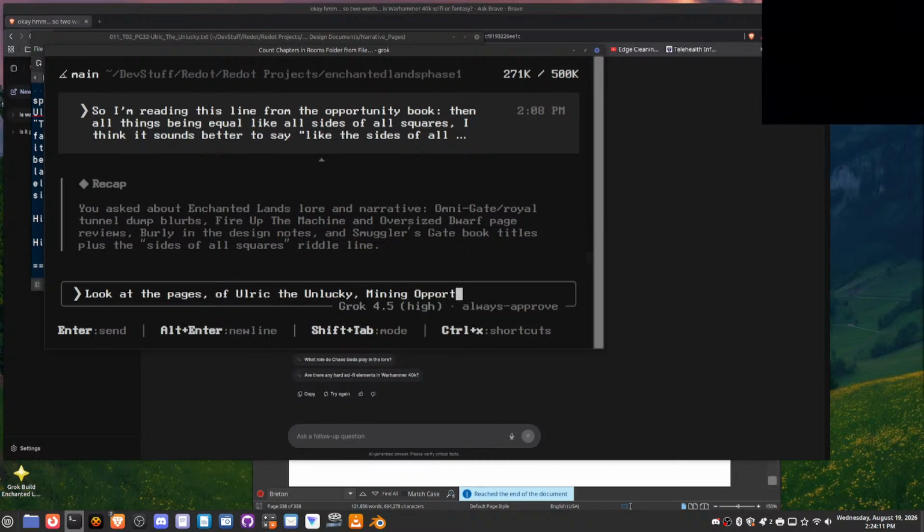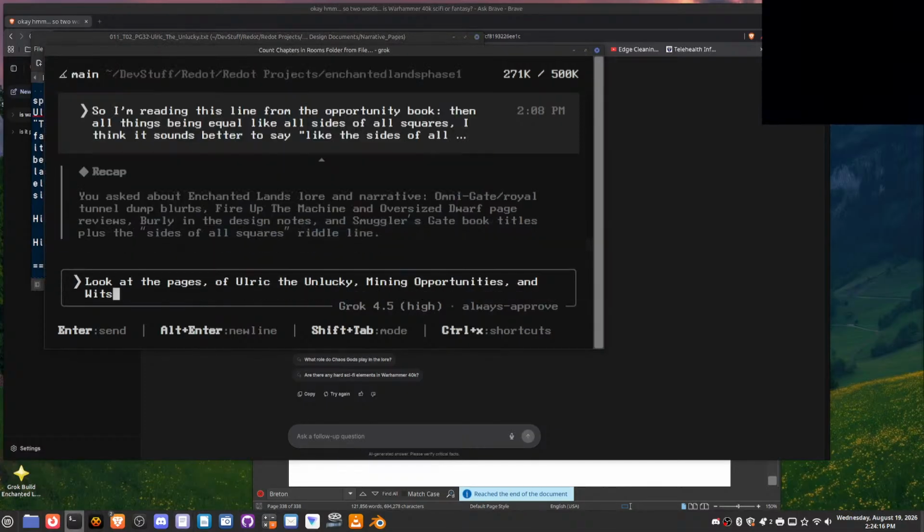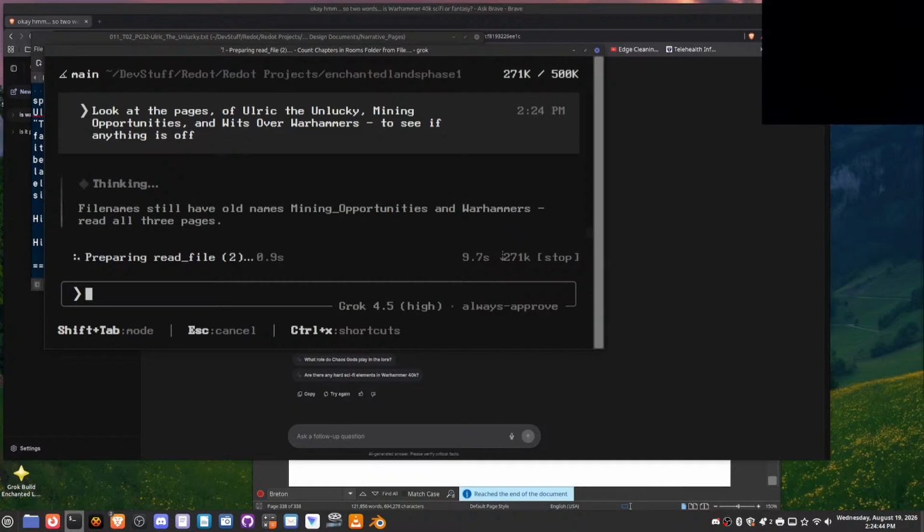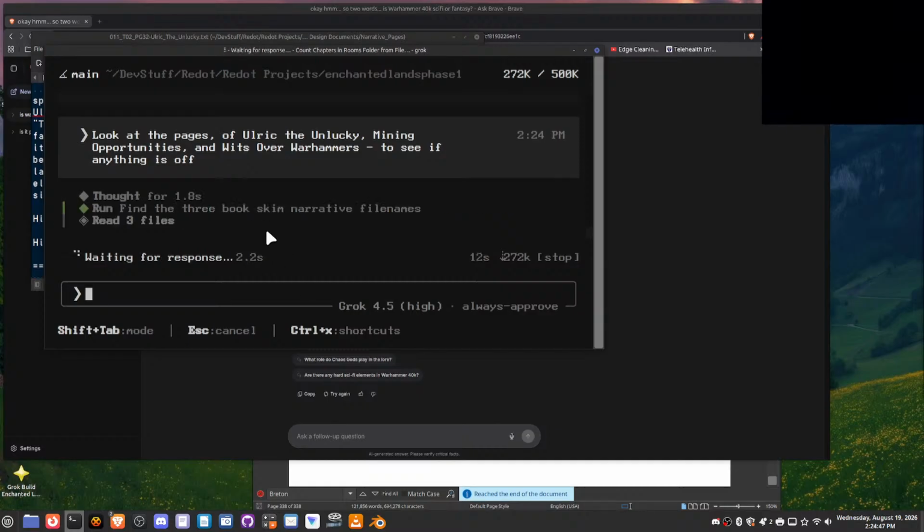Let's go over Warhammers to see if anything is off. I did my visual check, and it looks right. But I just wanted to make sure, so I'm doing a second look.